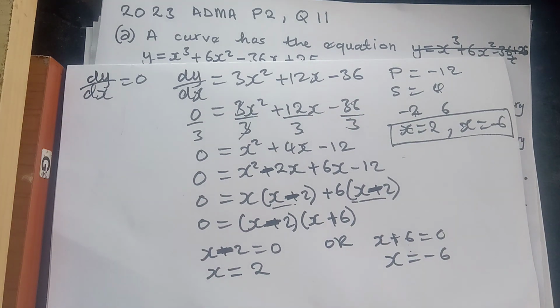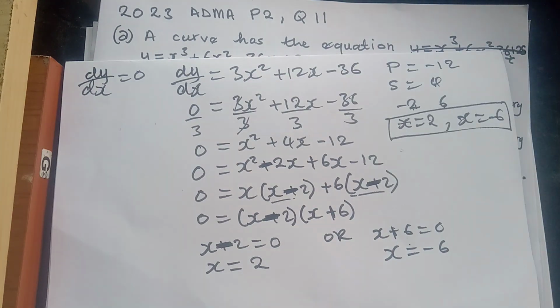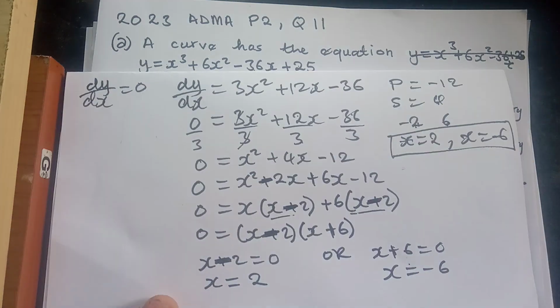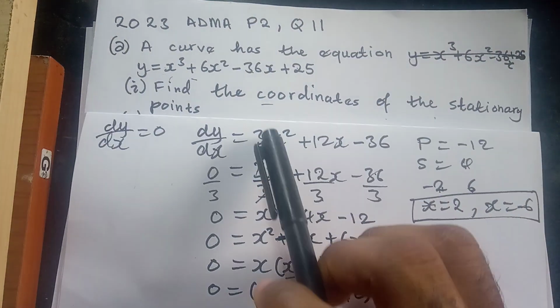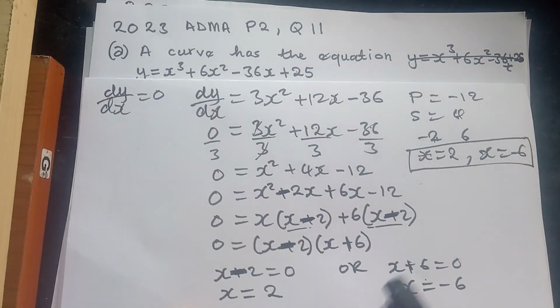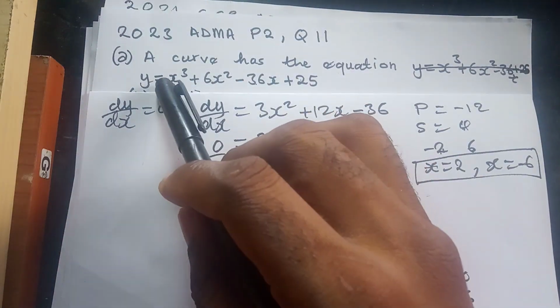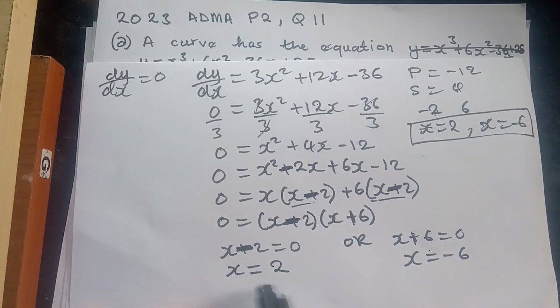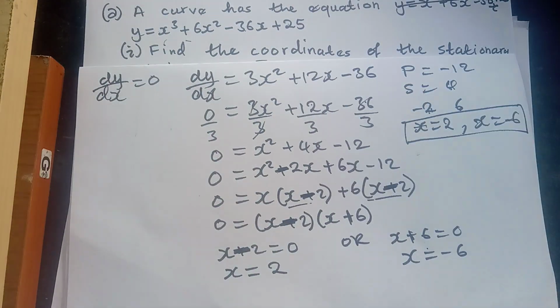And then we know the original equation. So remember, the question is saying find the coordinates, not just the x coordinates. So to find the y coordinates, you can use this and these two x coordinates.